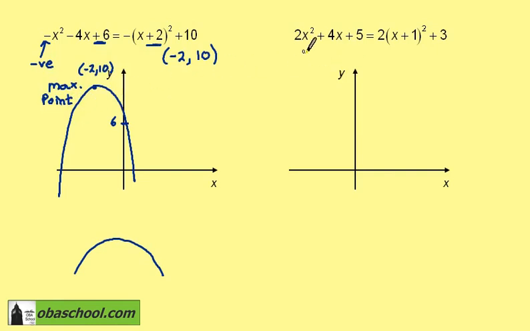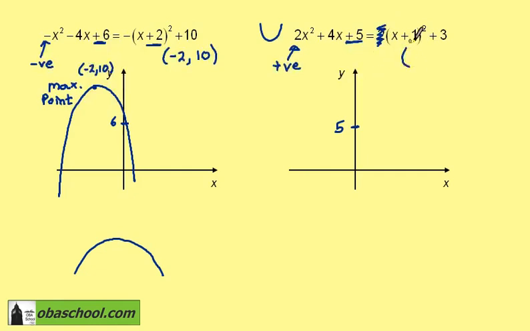Now consider this one. The number in front of x squared is a positive number, so we know that we get a happy curve. The plus 5 tells us we cut the y-axis at 5. The 2 makes no difference to our analysis of the minimum point.